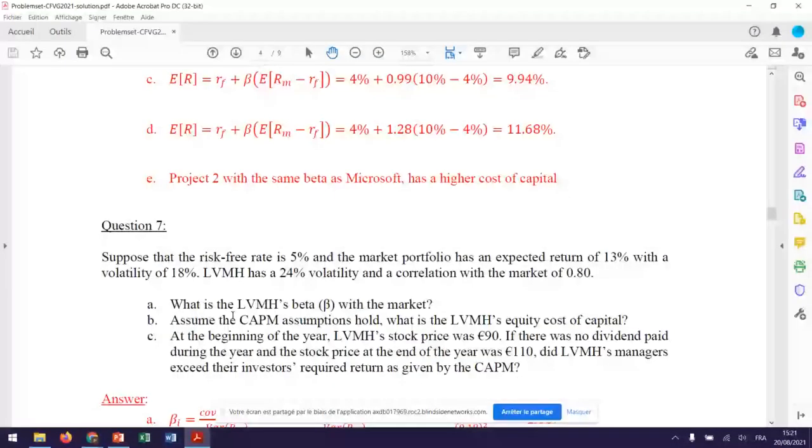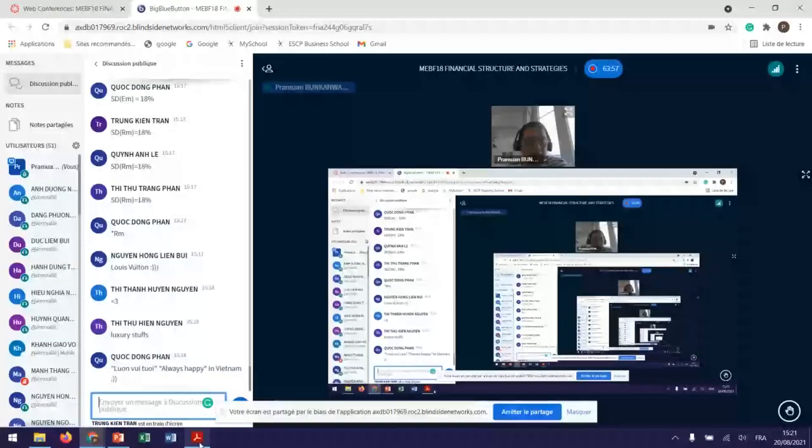LVMH has 24% volatility. Somebody can help me to write. LVMH 24%. How should we write? You see, during the exam, if you write like this, even if you do the calculation wrongly, you can get points. Can you give me what that is? The volatility of LVMH is 24%.